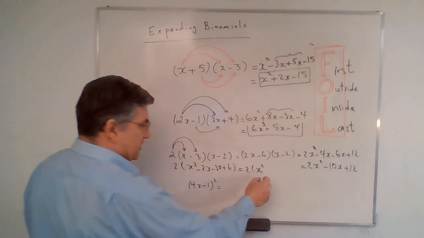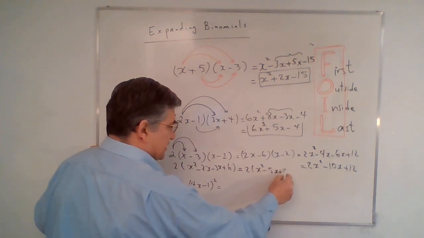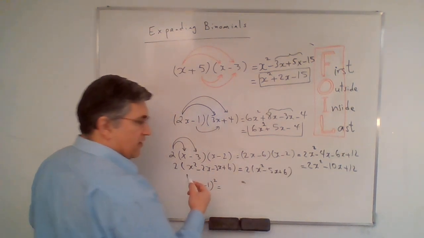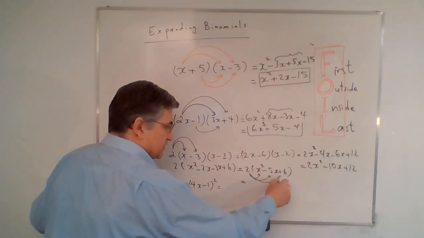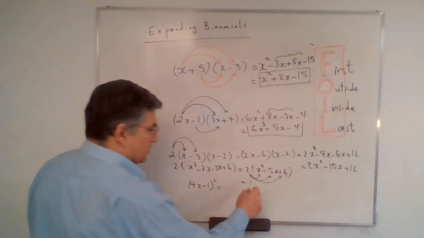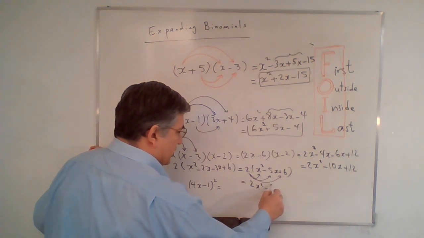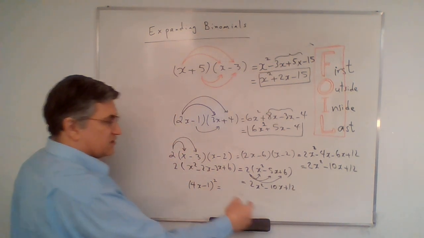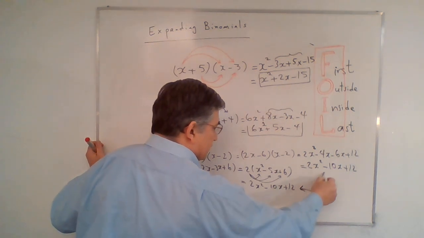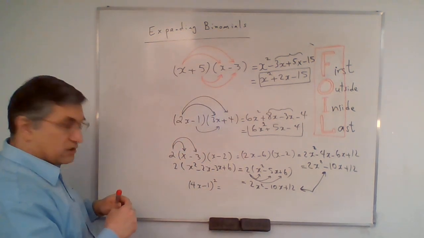Negative 2x minus 3x is negative 5x, and then plus 6. And now I can multiply 2 by every single term inside the brackets at the end. So we get 2x squared minus 10x plus 12. And as you clearly see, this result matches with the other result.